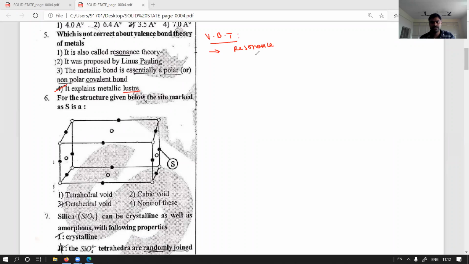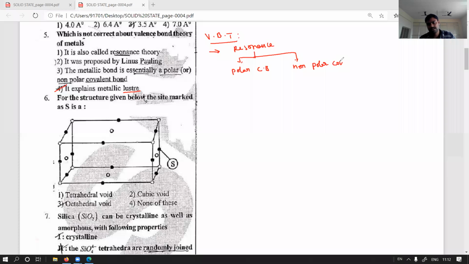According to the resonance concept, the structures are of two types. One is polar covalent bonds, the second one is non-polar covalent bonds.